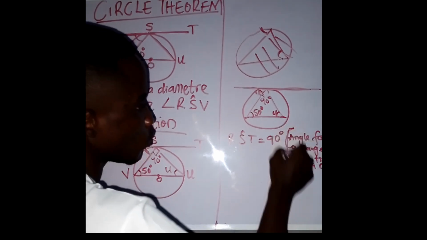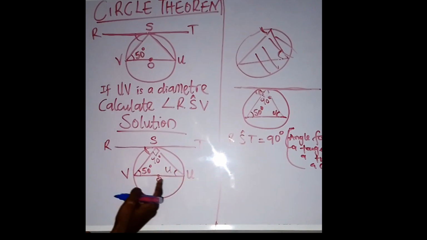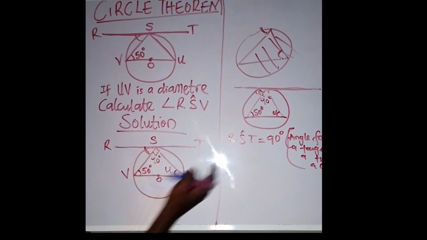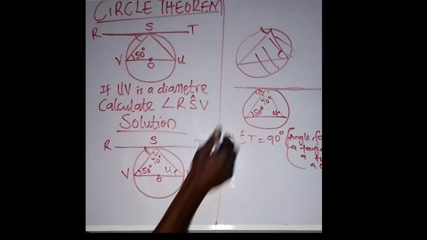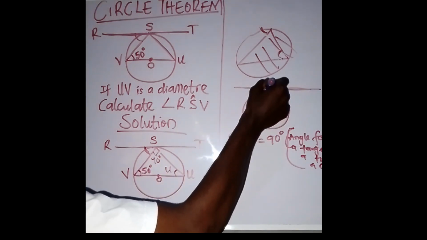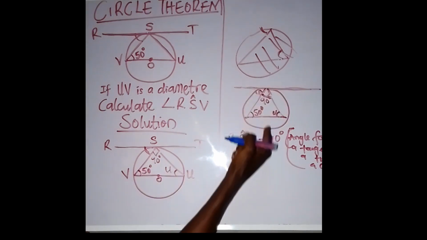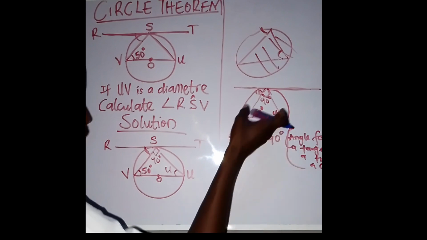So this is my rule for using this part as 90. Why? Because the angle formed of this tangent in a triangle of a circle, this part is 90 degrees.